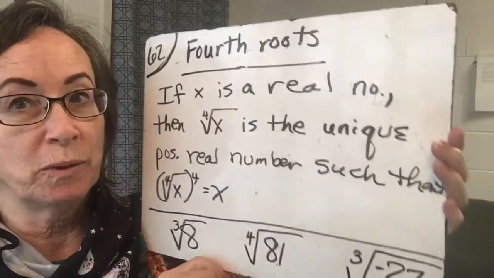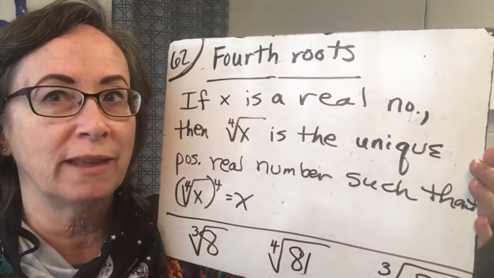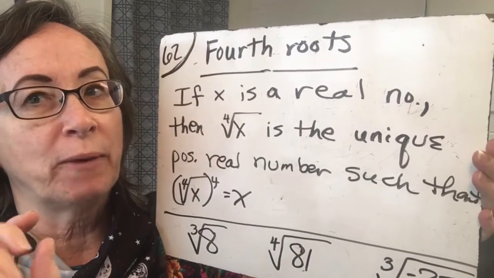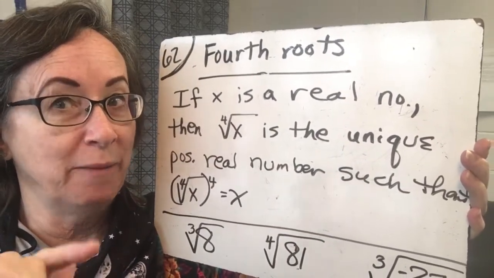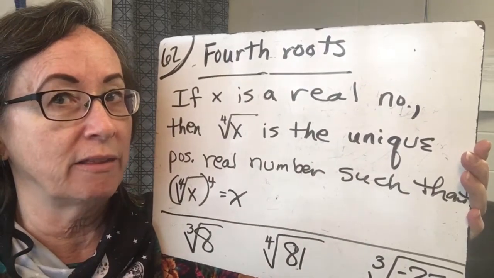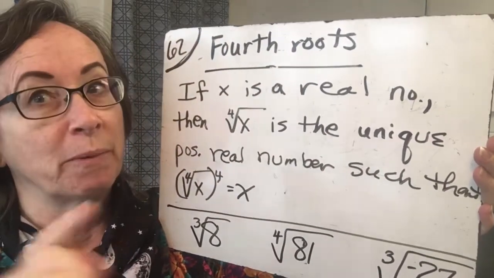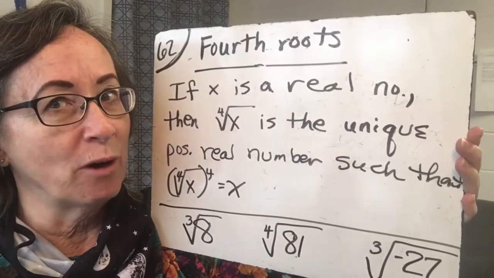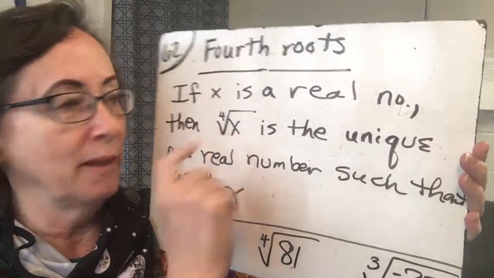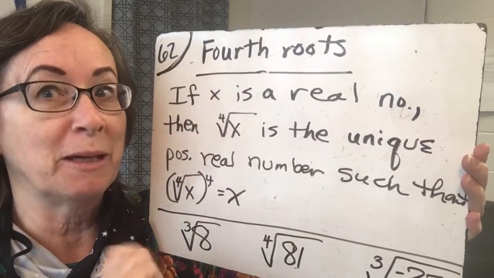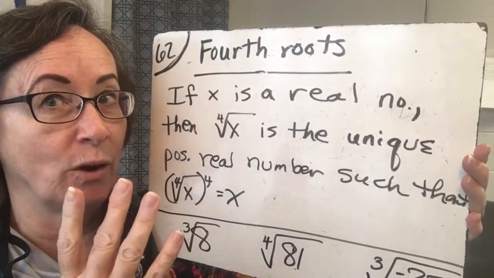All right, so when we're talking about fourth roots, what do you think is going to happen? Remember, when we have odd roots, like 3, 5, 7, 9, we are able to have negative numbers underneath the radical. But remember, with square roots, we define them only with positive radicands. So now, what do you think about fourth roots? Because those are even roots.